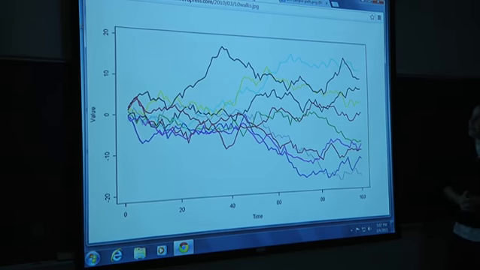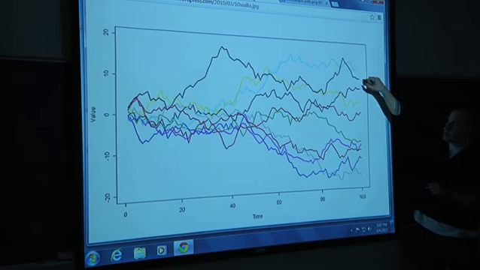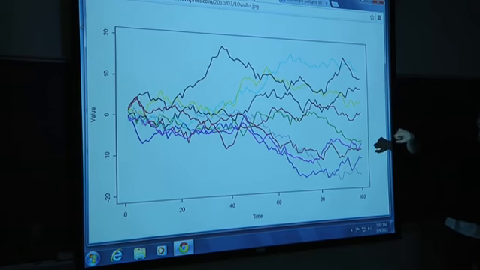Another way to think about it in terms of stochastic processes is that you are picking a random path. When you have, for example, a normal distribution, and you go on your computer and ask it to draw a number from a normal distribution, you get a number.